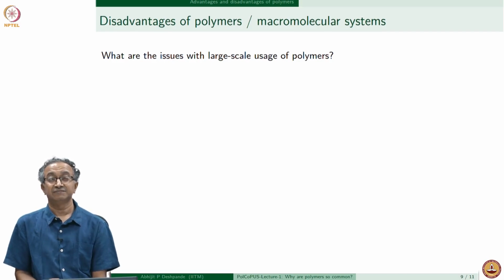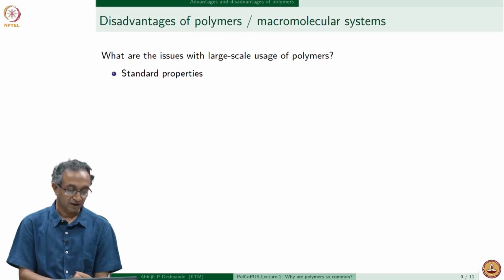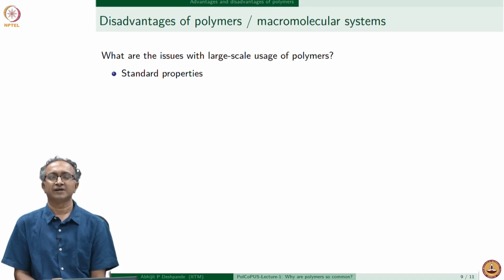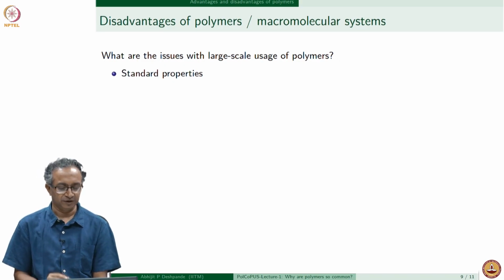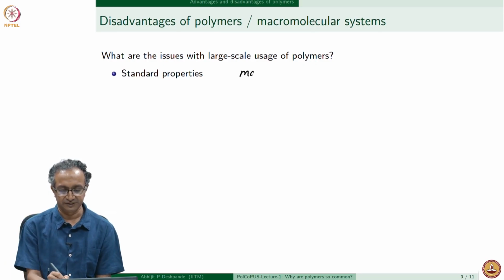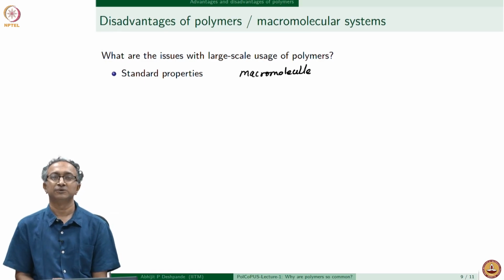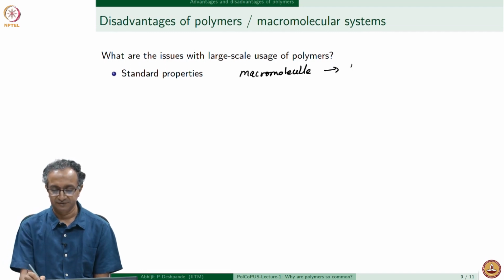And one key challenge, in fact, is that how do we choose which polymer for which application is not as easy. We will see that one of the main things related to polymers is its macromolecular nature, the fact that it's a very giant molecule. And associated with this giant molecule nature is the variability in property. In fact, I said that as an advantage also.